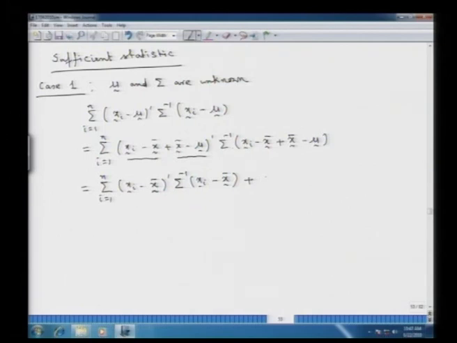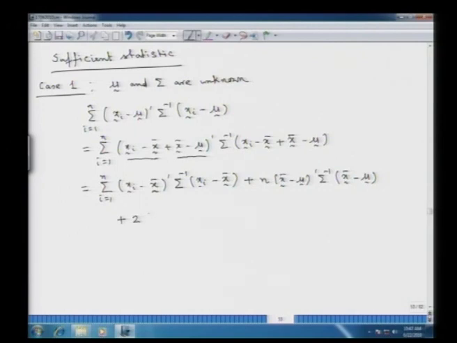That is a term which is independent of i, and hence we will have n times (x bar minus mu) transpose sigma inverse (x bar minus mu), and then the cross product terms.